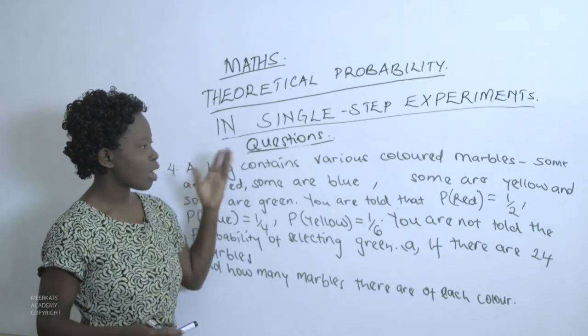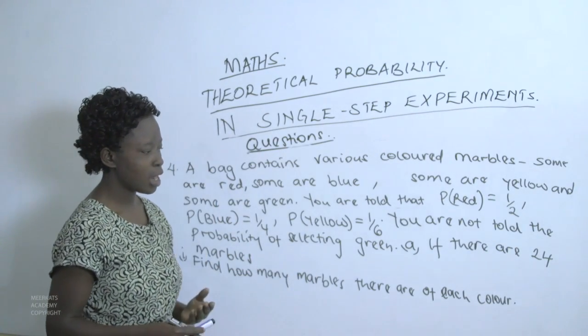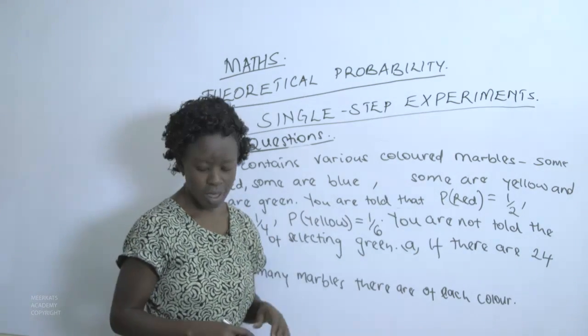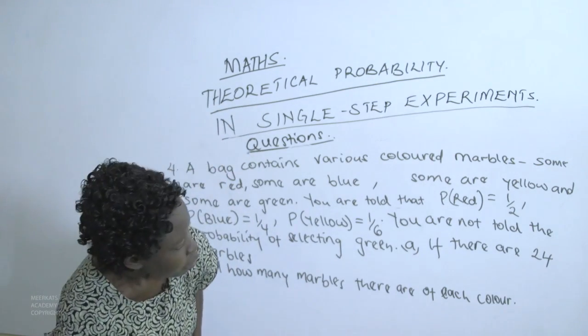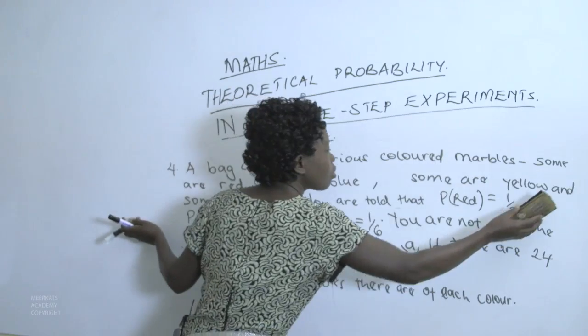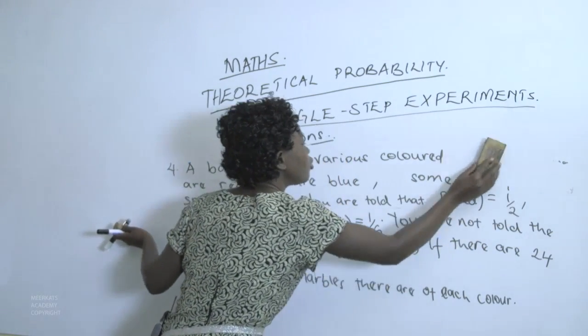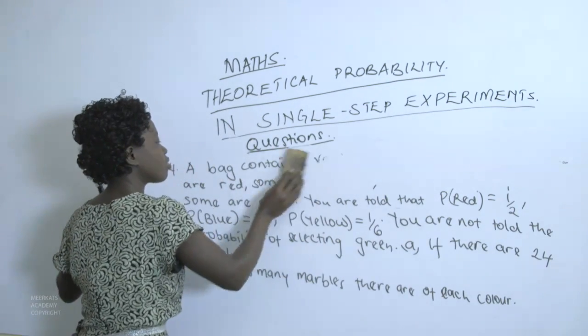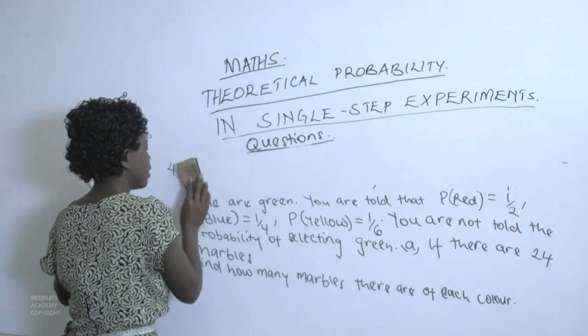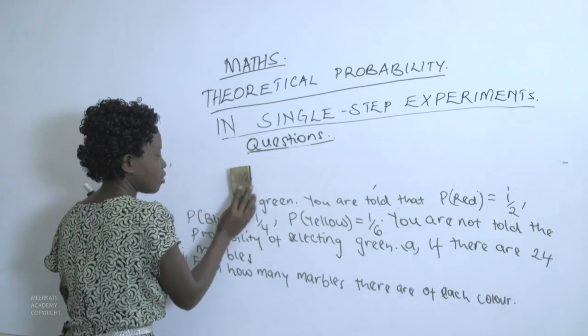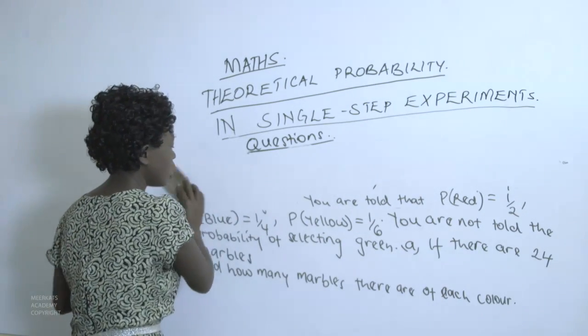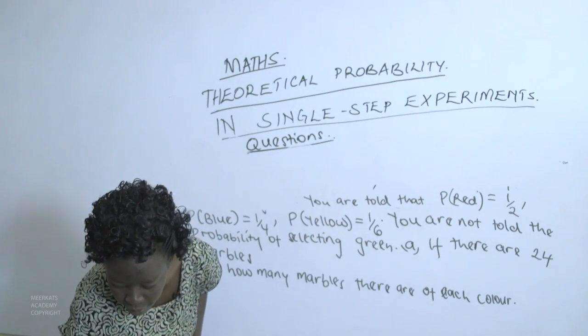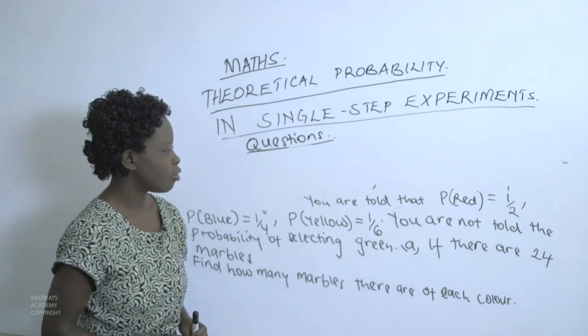Using the probabilities we have, we need to calculate the number of marbles for each color present in that given bag.